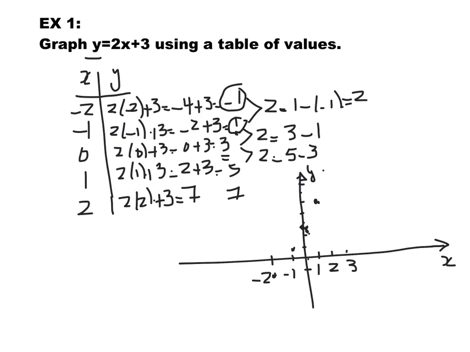Here, and when x is 2, y is 7, which is around here. Now if we connect all these points together, we get a line that looks like this. Since our line goes to infinity on either end, I put an arrow here indicating that the line does not stop at the points indicated. In fact, it goes to infinity.